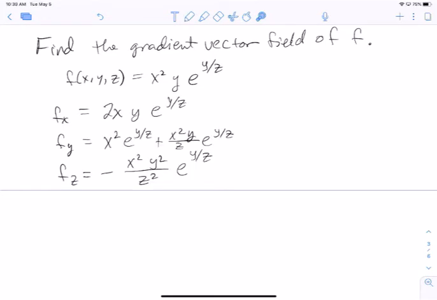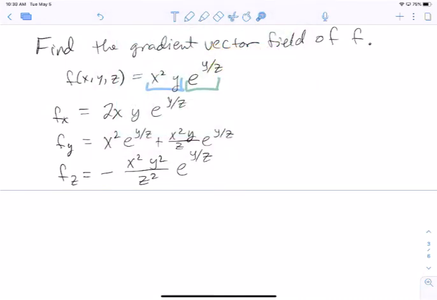For the partial of f with respect to x, y and e to the y over z are constants. We differentiate the x squared, so we have 2xy e to the y over z. For the partial with respect to y, we have a product of functions of y.